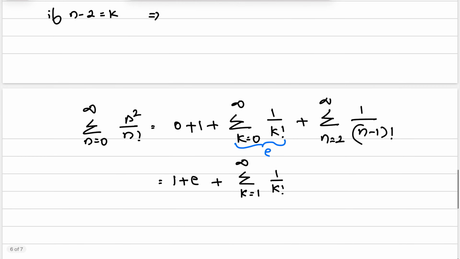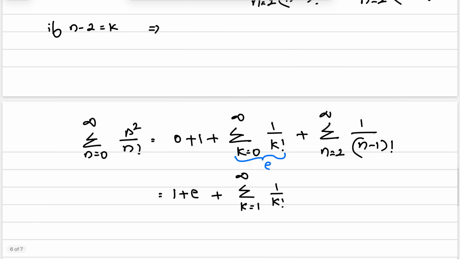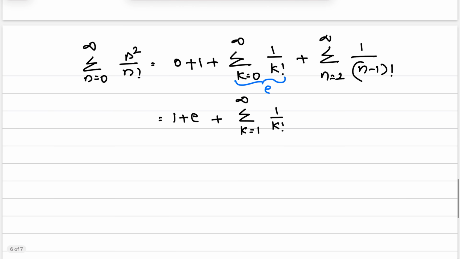If n minus 2 is equal to k, now it is n minus 1, so this will be k minus 1. This will be 1 plus e minus 1, that is equal to 2e.